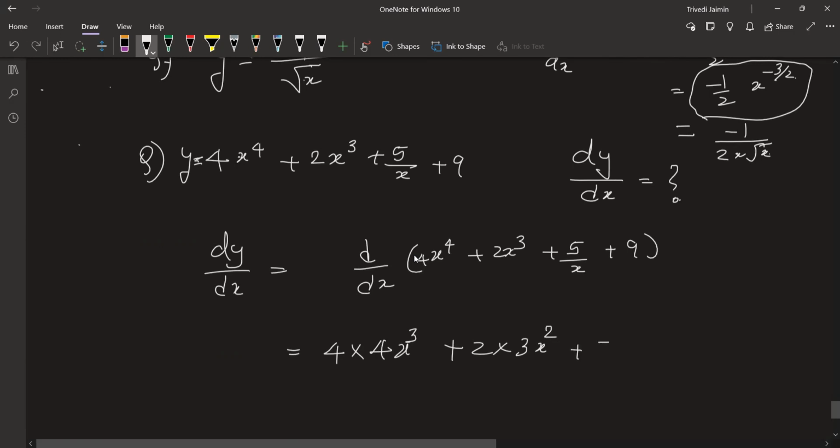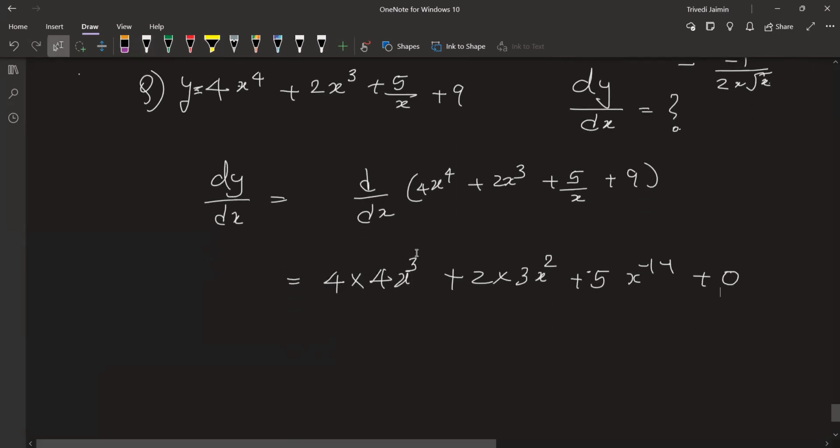Same way, 5. Now x is denominator, so let's bring it up. Minus 1. Again, we need to do minus 1 and bring this minus 1 here. So let's minus here. Plus 0. Differentiation of a constant is 0.